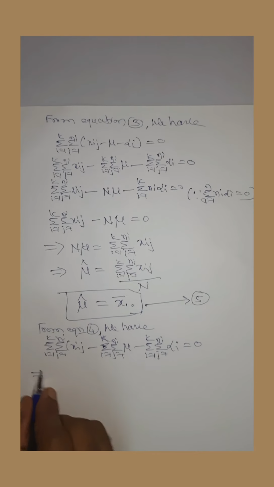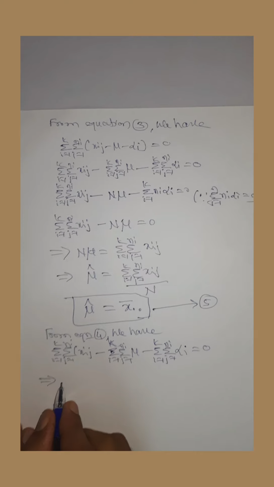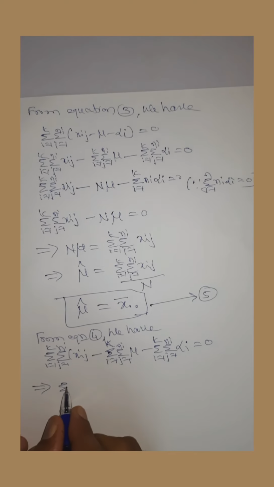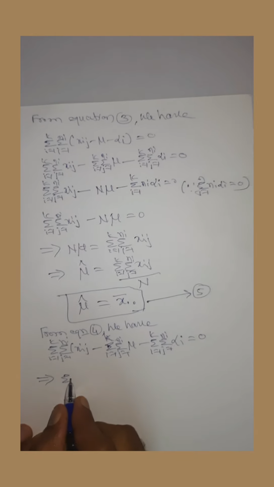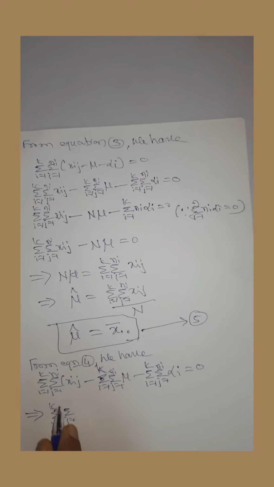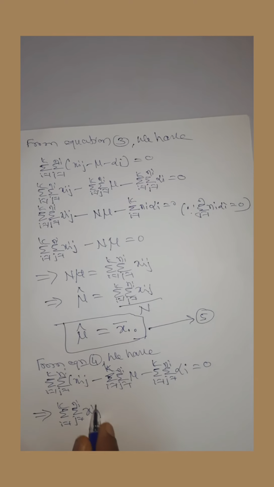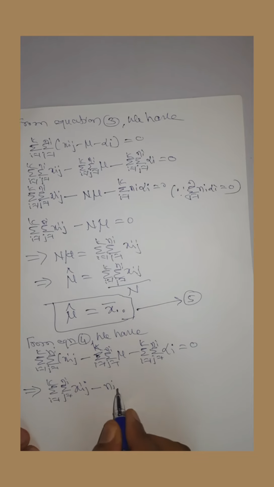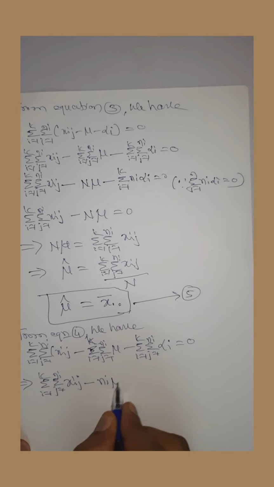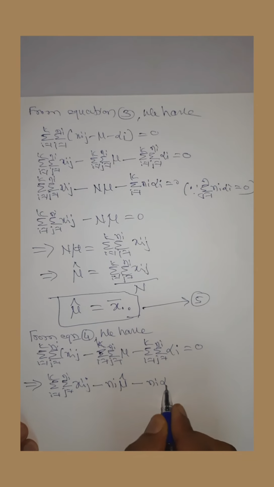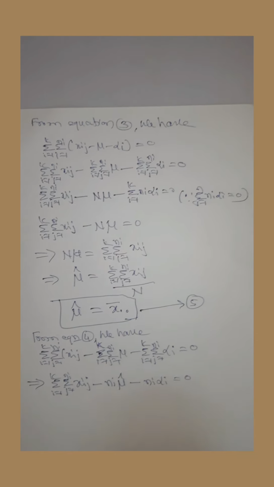This implies double summation i equals 1 to k, j equals 1 to ni, xij minus ni into mu cap minus ni into alpha i is equal to 0.